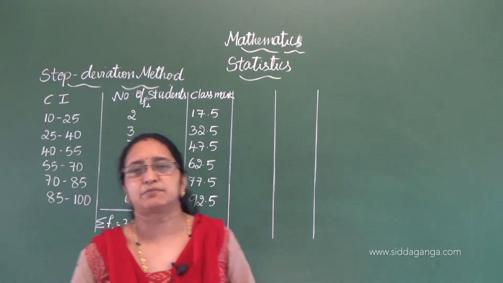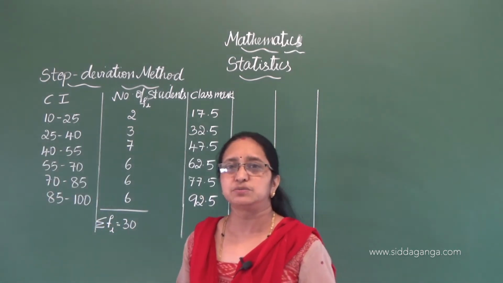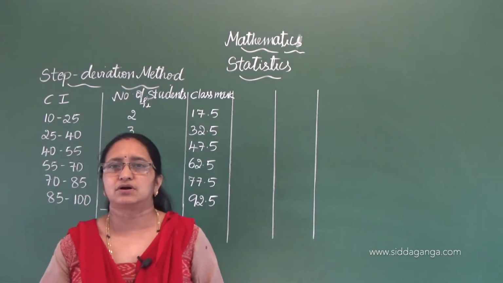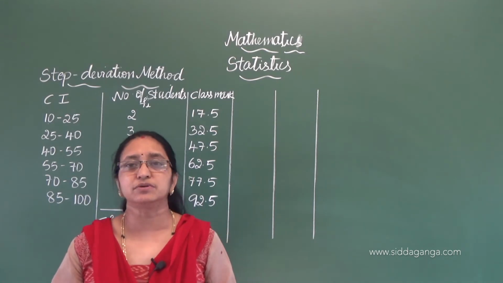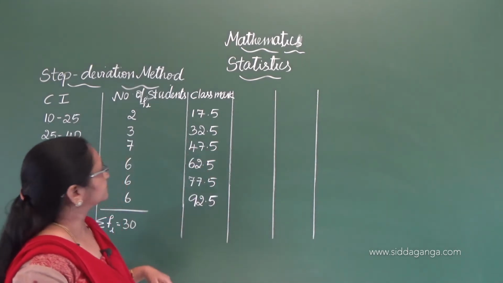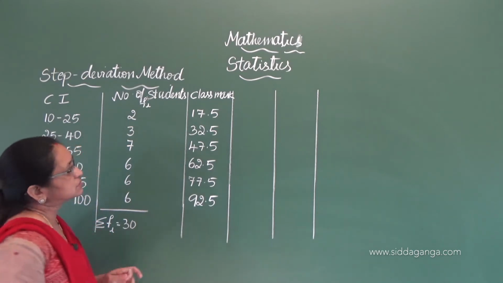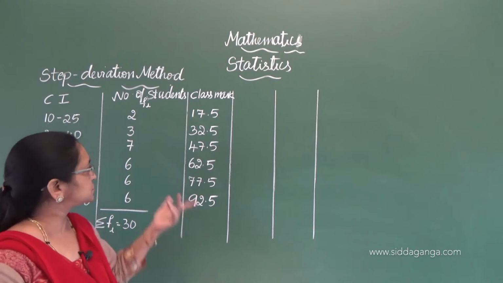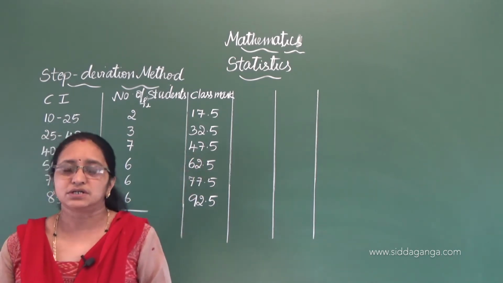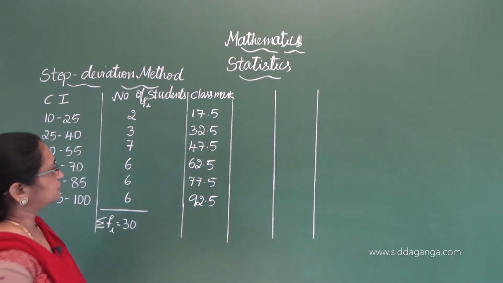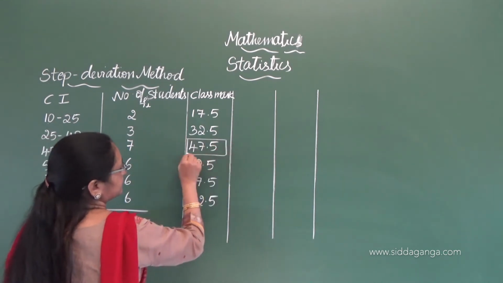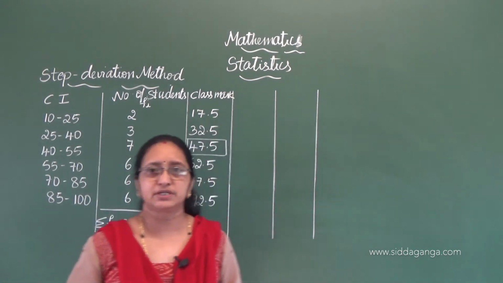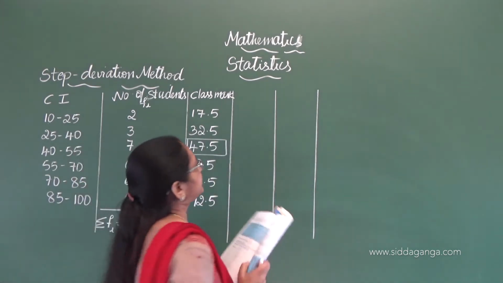Then what is the next step we followed in the assumed mean method? We choose the assumed mean, that is the middle one. Since there are 6 values here, we can choose 47.5 or 62.5. Let us choose 47.5 as A. Now how do we find Di?